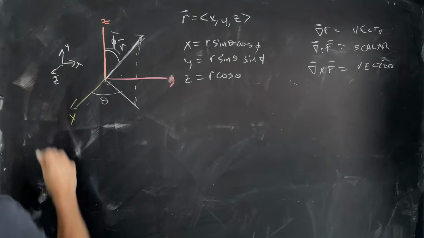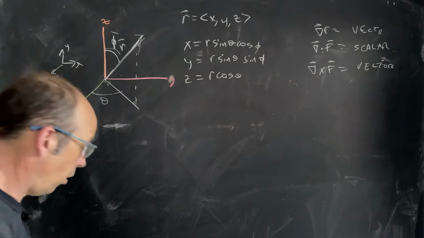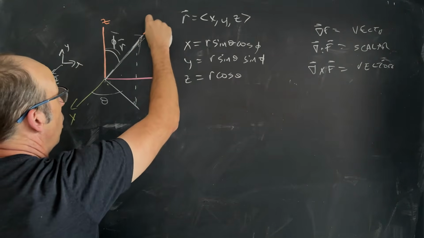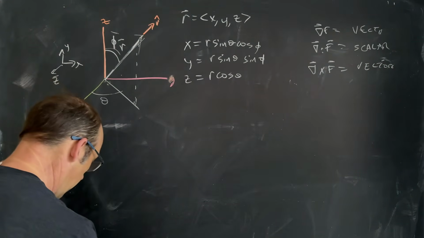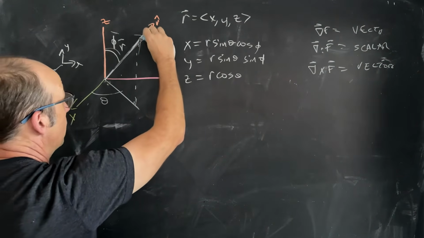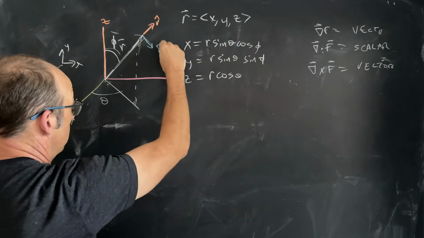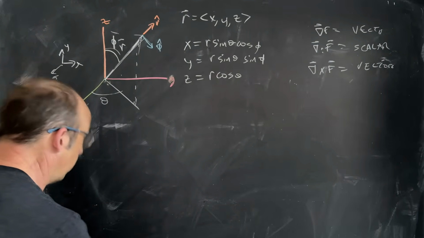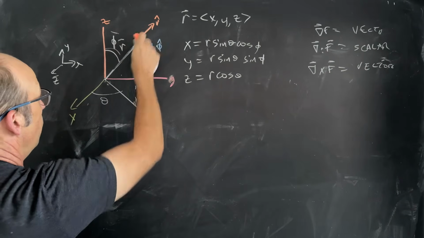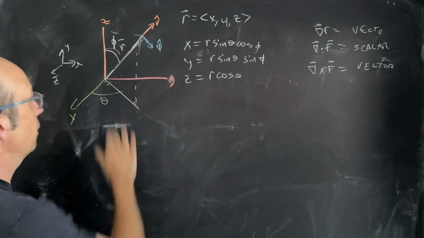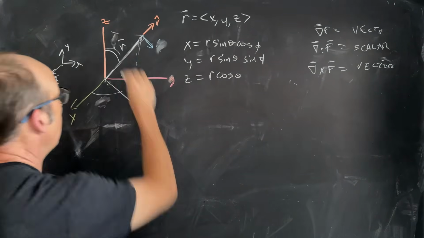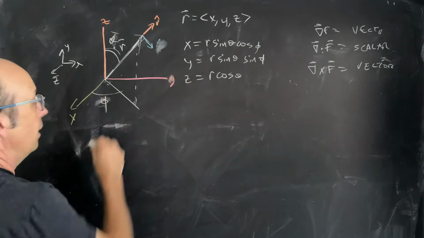In spherical coordinates, we have the unit vector r hat, and in the direction of changing r, we have the unit vector phi hat, and then we have the unit vector theta hat. Wait, this is backwards. That's theta, and that's phi.